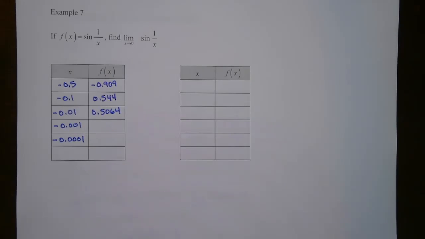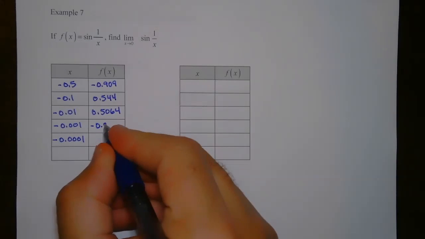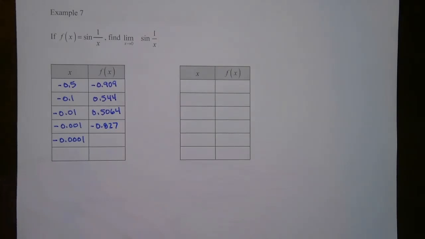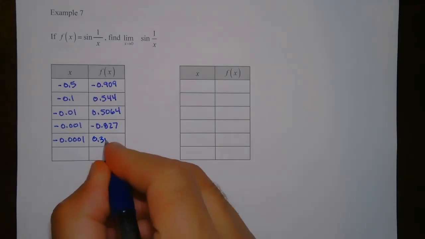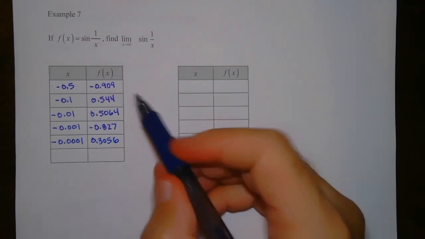And then negative 0.001, and all of a sudden now you're at negative 0.827. And let's do this last one, negative 0.0001. And it's up all of a sudden positive again, right? 0.3056, okay?